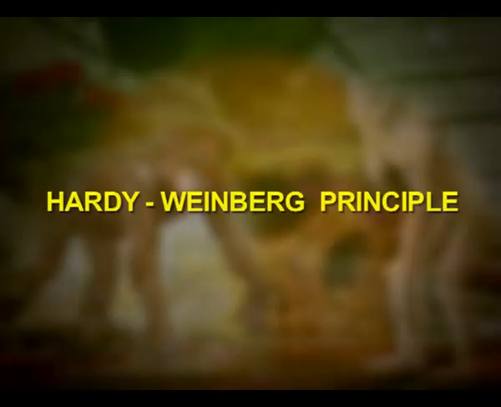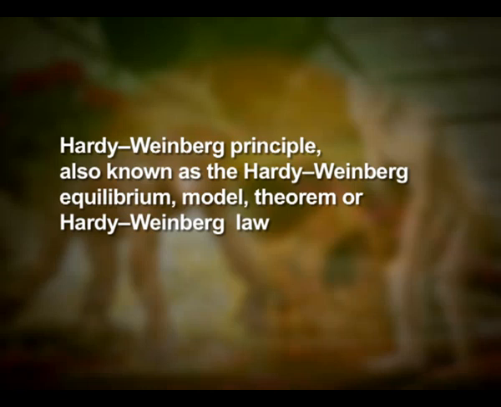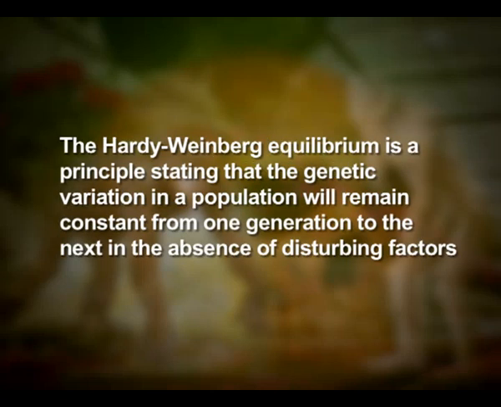Now comes the very important principle during the process of evolution, that is the Hardy-Weinberg principle, which is also known as the Hardy-Weinberg equilibrium model, theorem or law. The Hardy-Weinberg equilibrium is a principle stating that genetic variation in a population will remain constant from one generation to the next in the absence of some disturbing factors.